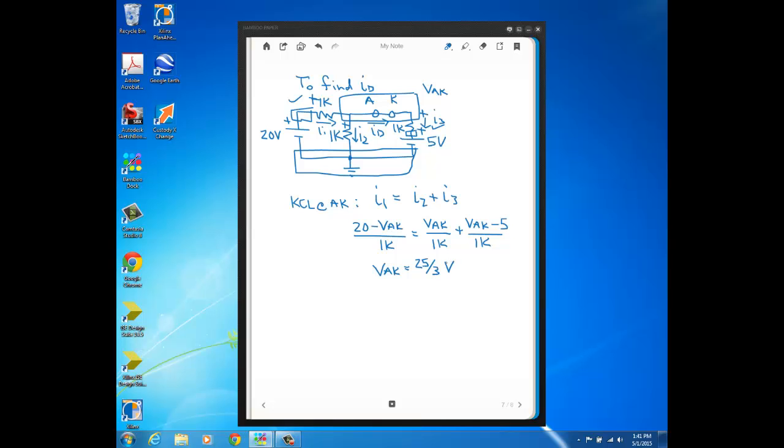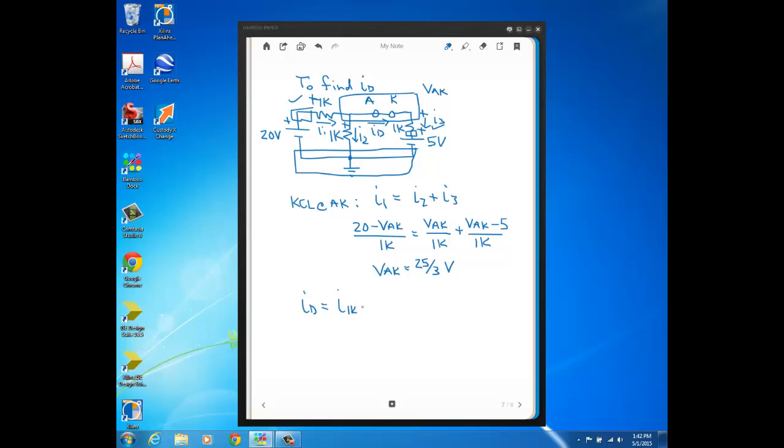25 thirds volts. So the current ID, the forward bias current through the diode, is just going to be the same current as through this 1K right here, since the short and this 1K are in series.